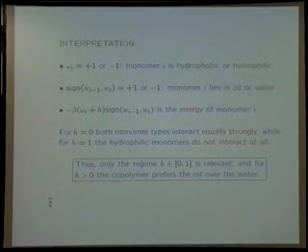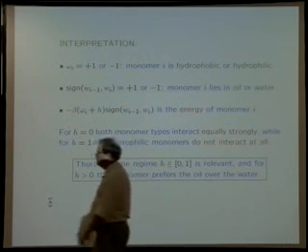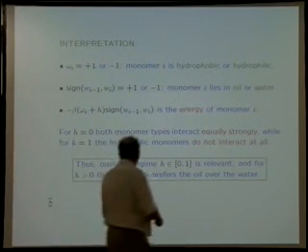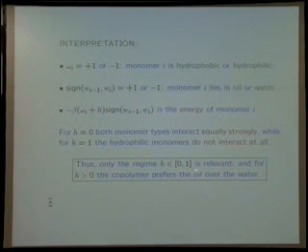The case H is 1 would correspond to the situation where the hydrophilic monomers are not interacting at all, neither with the oil nor with the water, and I would be in a situation where only the hydrophobic monomers are interacting, liking the oil, not liking the water. And so this is the extreme case of asymmetry. And somewhere in between, you will have a situation where the interaction of the hydrophobic monomers is just stronger than that of the hydrophilic monomers, and that's it.